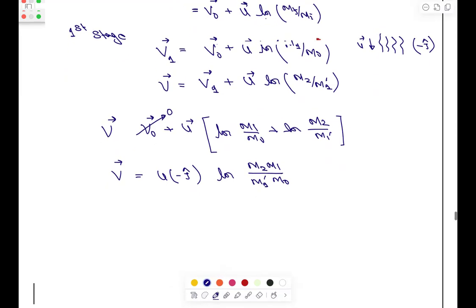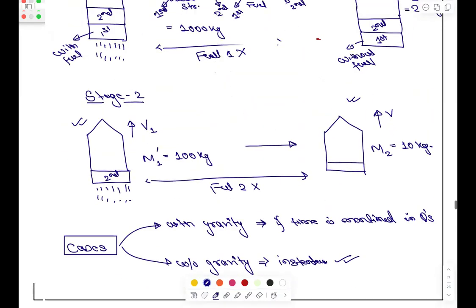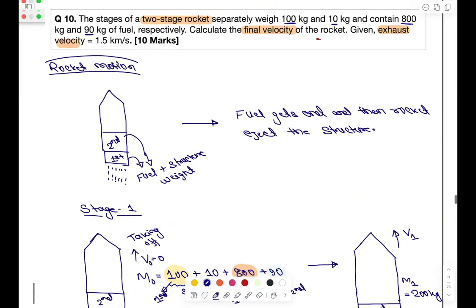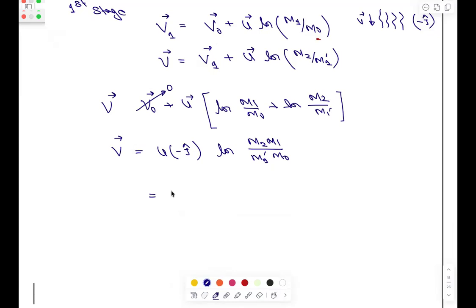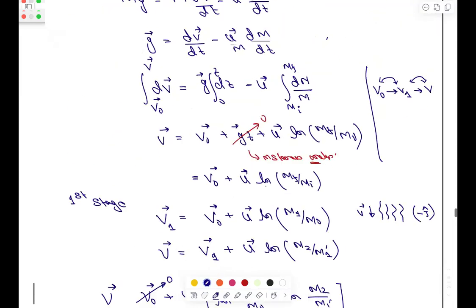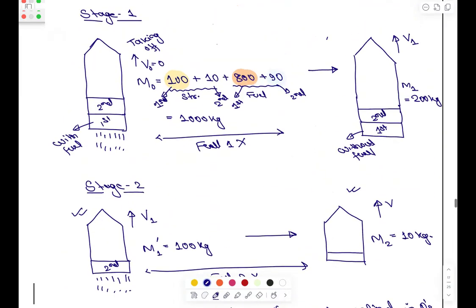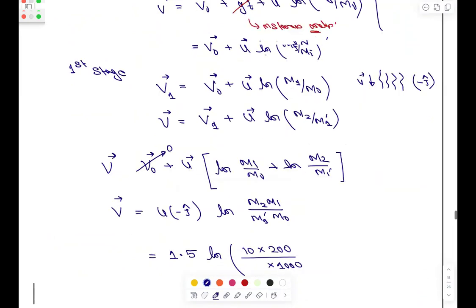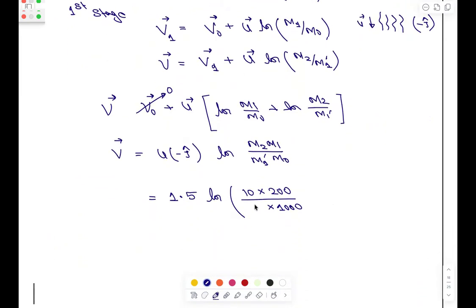So if you put it, U is given as 1.5 kilometer per second. Here in ln, m2 was 10, m1 was 200, m1 dash was 100, and m0 was 1000. So you can see here, m1 was 200, m1 dash was 100.